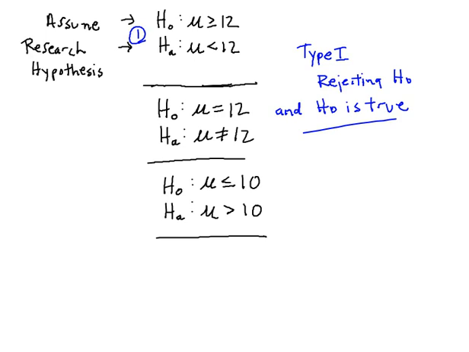rejecting the null hypothesis, remember the consumer advocate is trying to prove or gather evidence to see if the company is underfilling the cans. If he rejects the null hypothesis, then what he's saying is that they are underfilling the cans, that the assumption of the cans having at least 12 ounces has been rejected.